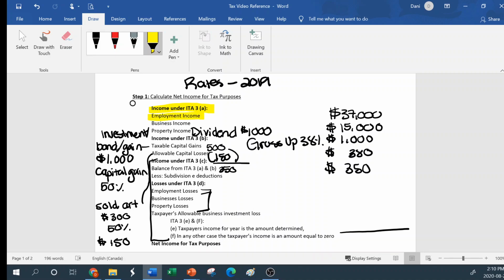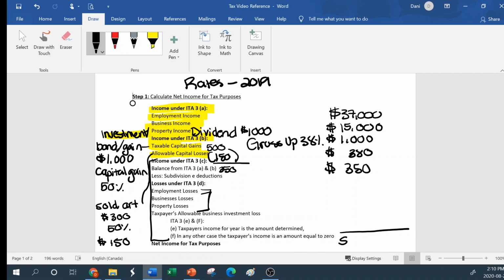Was there employment income, business income, investment, or property income? And then we'll look at income under ITA 3B. Did we sell any assets in the year that had a capital gain or a capital loss? And if so, in order for them to be considered taxable or allowable loss, we only have to pay 50% of what we actually had for a gain or a loss. So that's going to be our main focus for this step 1.